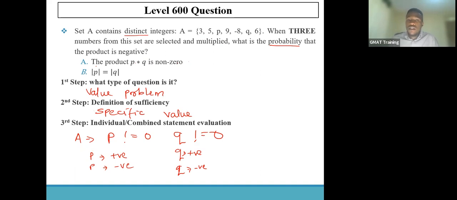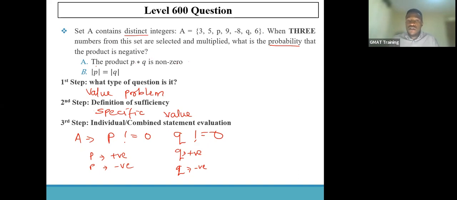However, we would expect that this value is going to be different when P is negative and we take any other combination of the possible values of Q. So this means that we have multiple values for the probability of the product of the three integers picked from this set being negative.